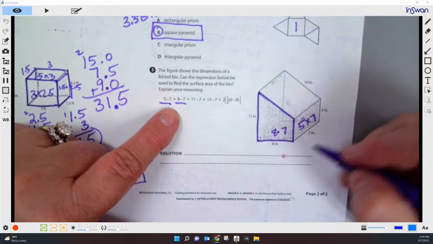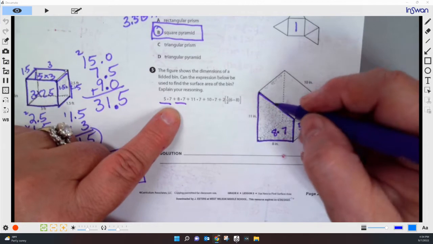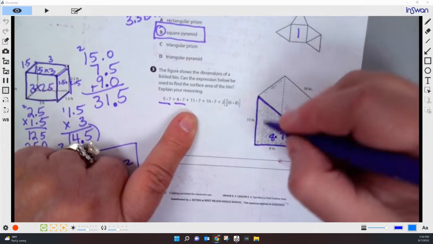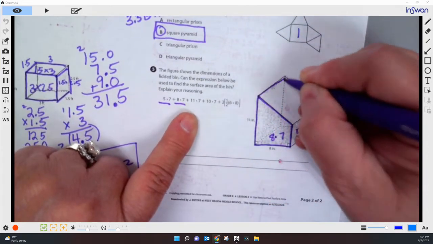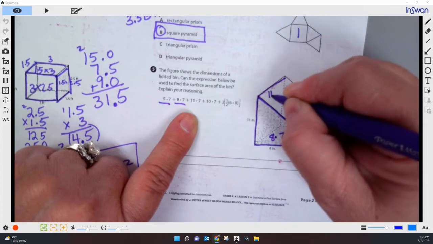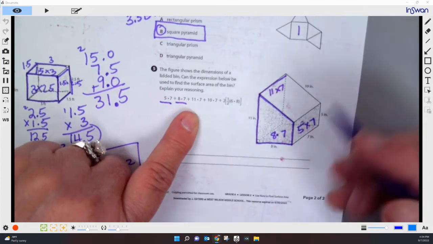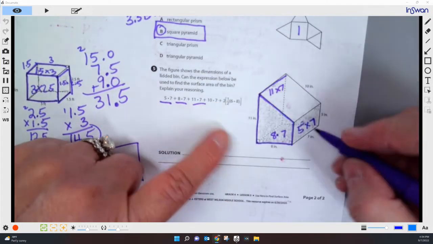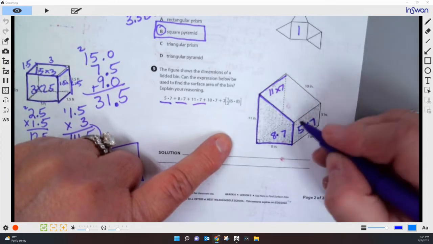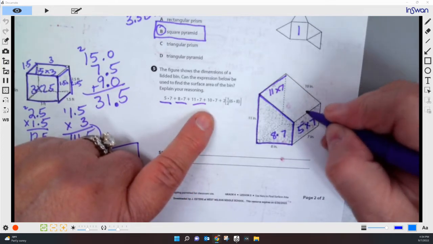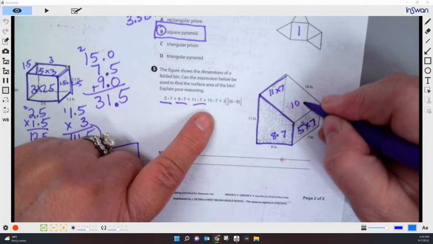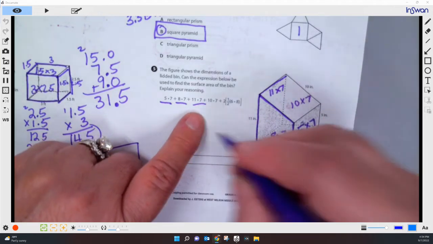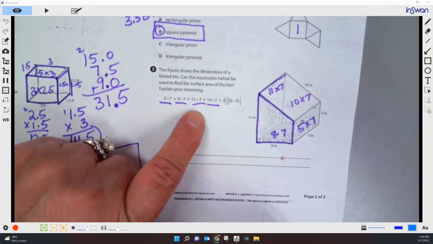So that one is covered. So the back side is going to be 11 by 7. So this back edge is going to be 11 times 7. And then the top half is going to be 10 times 7. You got 10 here and 7. So this top, or the lid, is going to be 10 times 7. And that's represented there. So far, so good.